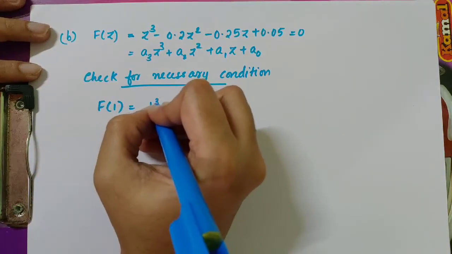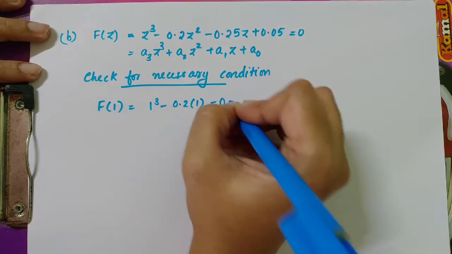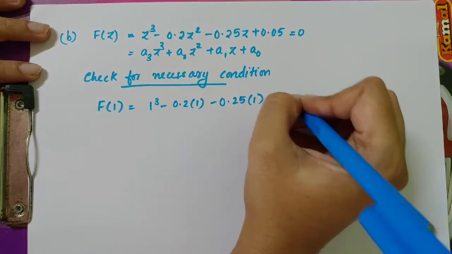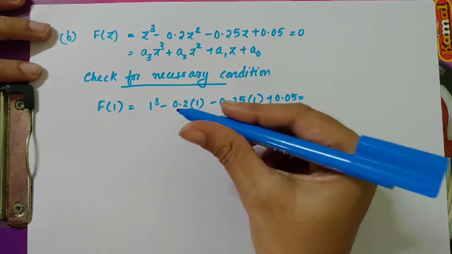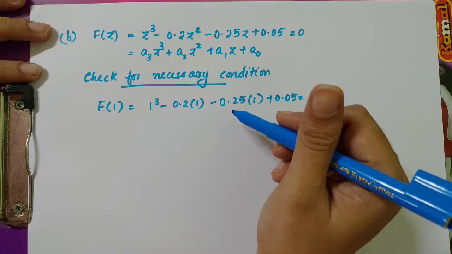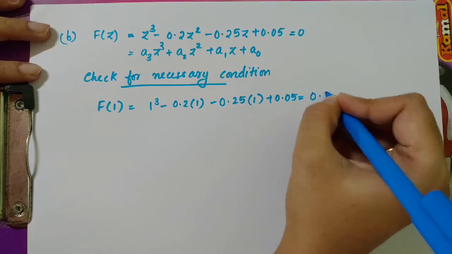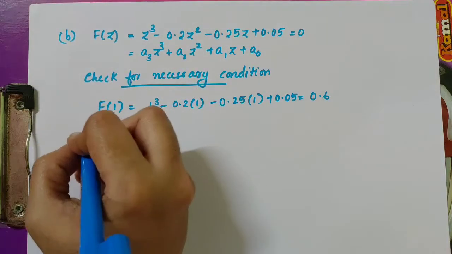That is 1 cube minus 0.2 into 1 minus 0.25 plus 0.05. That is equal to 0.6. ഓക്കെ, കാൽക്കുലേറ്റർ ചെയ്ത് നോക്കിയാൽ മതി.